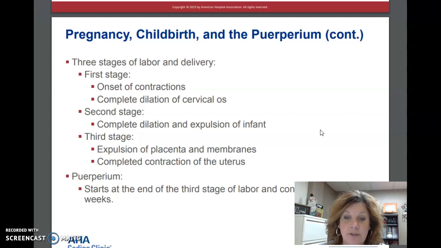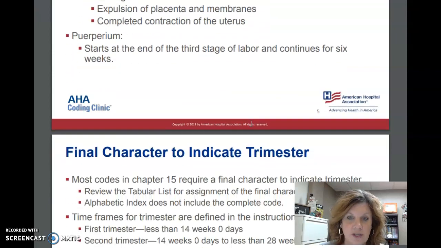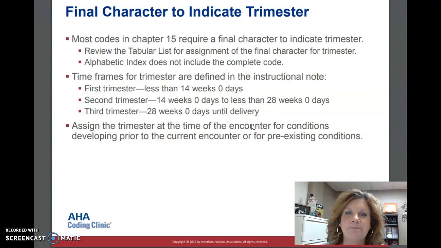The second stage is complete dilation and expulsion of the infant. The third stage is when the placenta and membranes come out, and the uterus is done contracting. Then the puerperium starts at the end of the third stage of labor and lasts 6 weeks, which we often hear called postpartum.